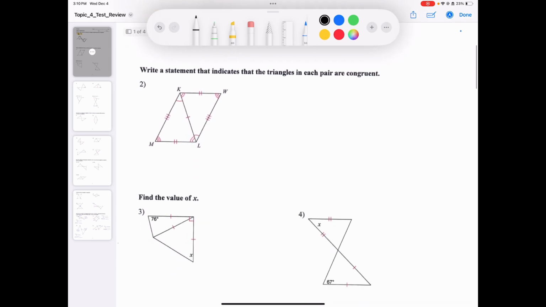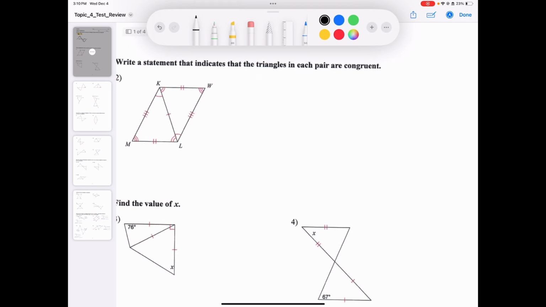Question number 2 says write a statement that indicates which triangles are congruent. And so I've got 2 triangles sitting here. I've got this triangle here and this triangle here. I'll go ahead and erase those things. So I'm just going to name the first one. I'm going to name it MLK. That's congruent to.